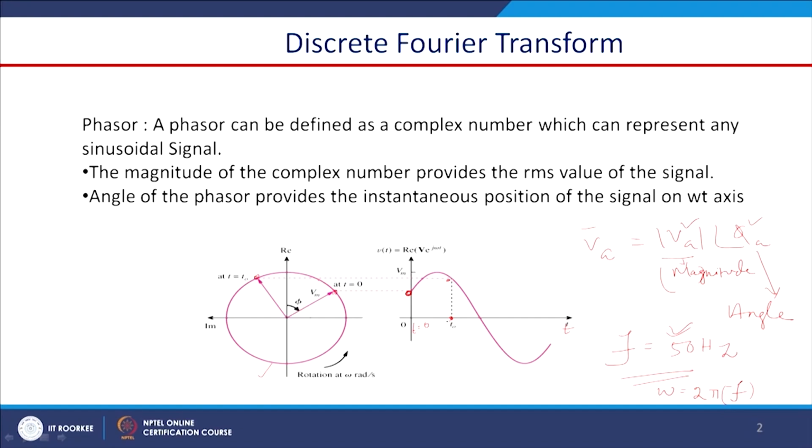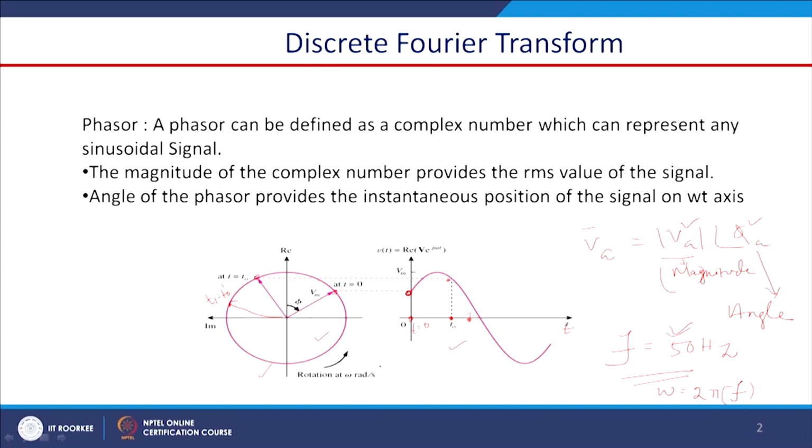If it moves further, let us say t equal to t1, it will come to another point along the t axis. So the phasor positions shown here and here correspond to each other.